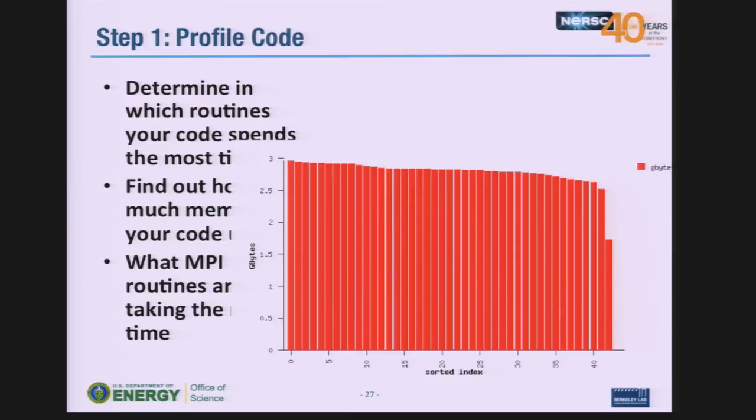The second is you need to find out how much memory your code is using. It's important to know the high watermark, how much memory you are going to use, so you know if you can fit on the processor. It also helps show if something's not load balanced correctly. We get a lot of jobs that crash because people run a node out of memory, whether they did it on purpose or not.